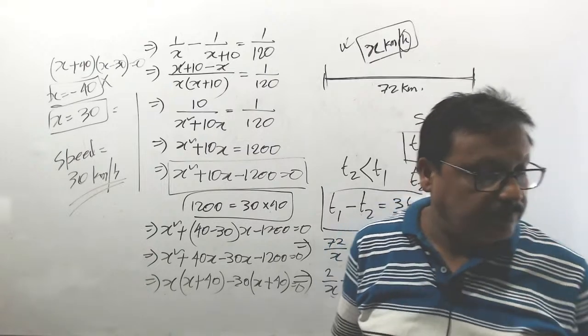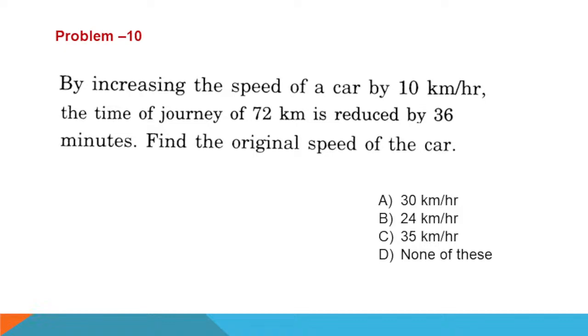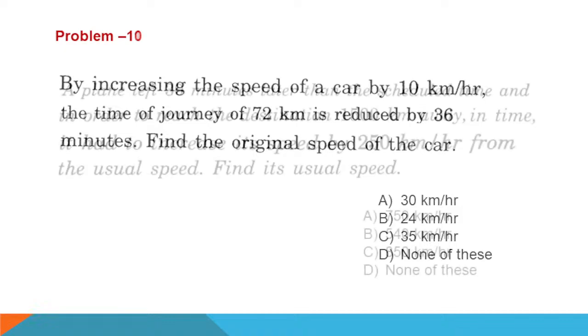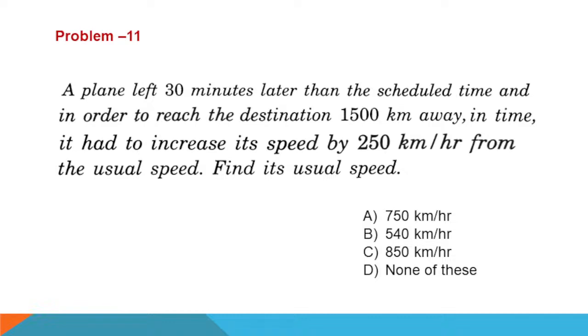Next one. A plane left 30 minutes later than the scheduled time, and in order to reach the destination 1500 kilometers away in time, it had to increase its speed by 250 kilometers per hour from the usual speed.